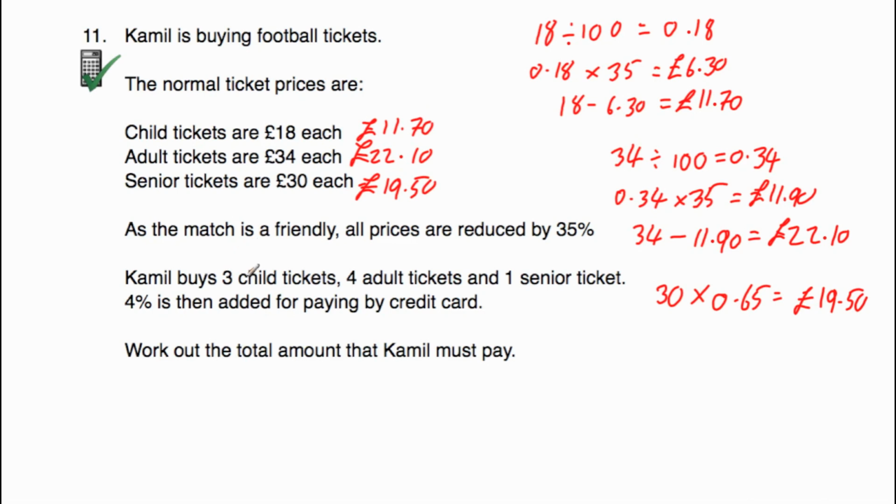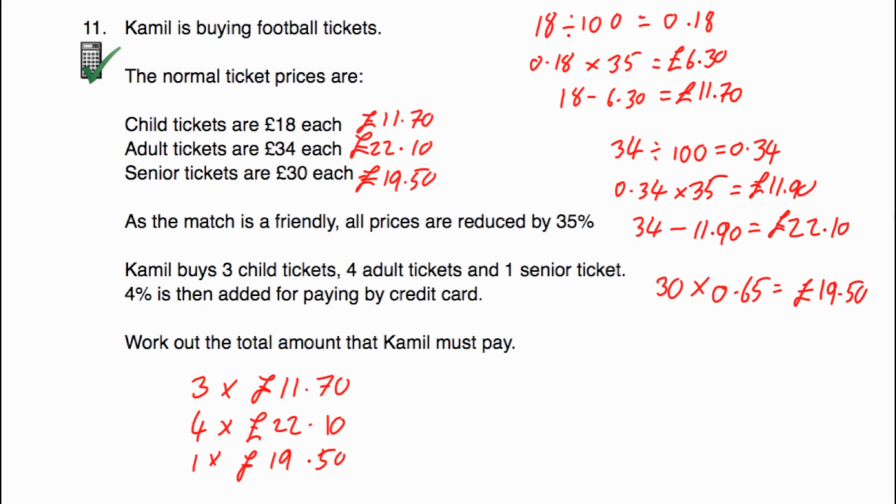Now, Camille buys 3 child tickets, so that's going to be 3 multiplied by £11.70. He buys 4 adult tickets, so that's 4 multiplied by £22.10, and 1 senior ticket, which is £19.50, so 1 times 1 lot, or just 19.50. And let's find out what they would cost.